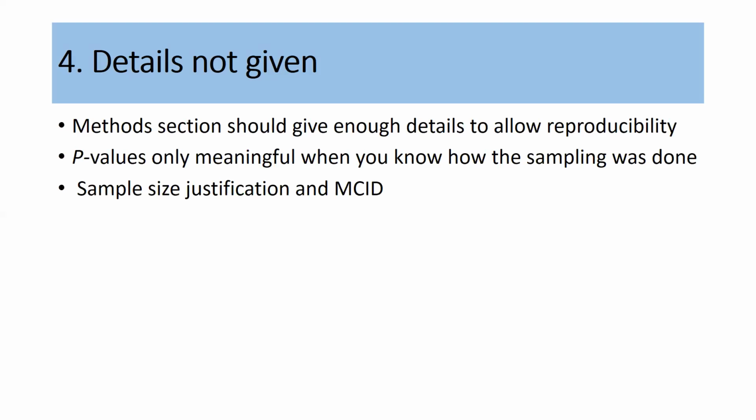Often sample size justification and the minimal clinically important difference, MCID, are not given in either the protocol or in the methods section of the publication of the results. All of these and more will need to be given, and I'll be spending quite a lot of time talking about which details and openness and honesty need to be supplied before you can actually understand and interpret p-values. They're not meant to be interpreted at face value on their own without a context.